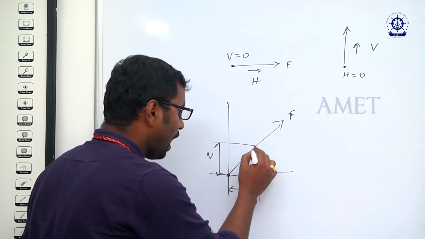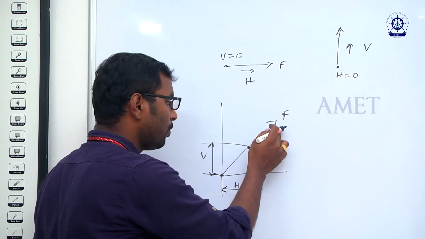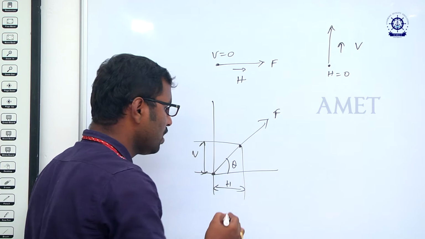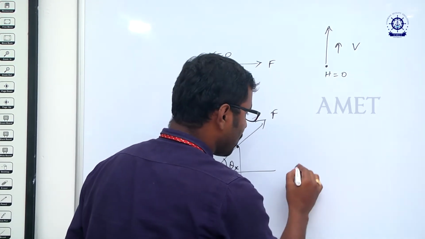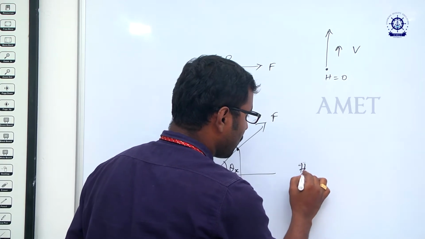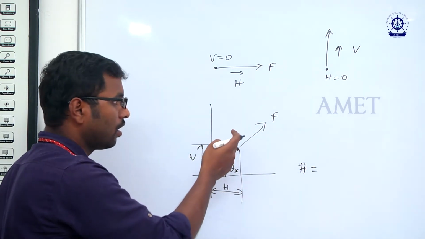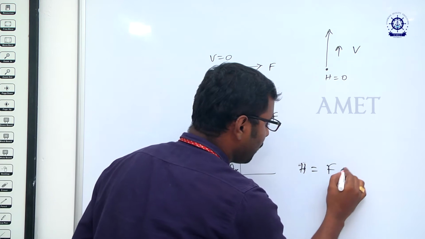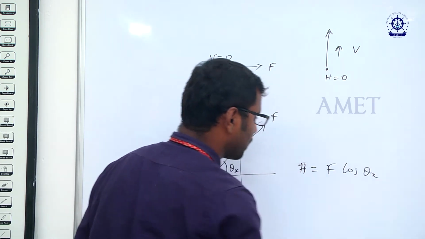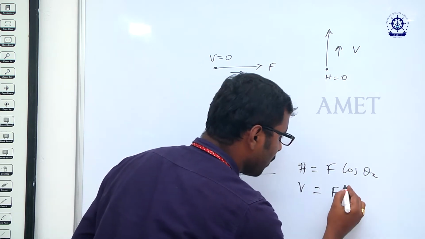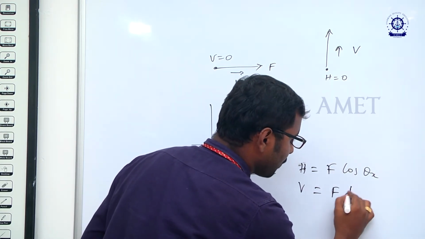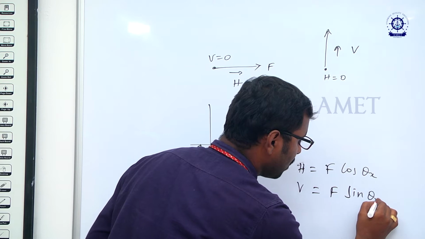In case the angle between the horizontal axis and the force is theta x, the horizontal component of this force is F cos theta x. The vertical component of this force is F into sin theta x.